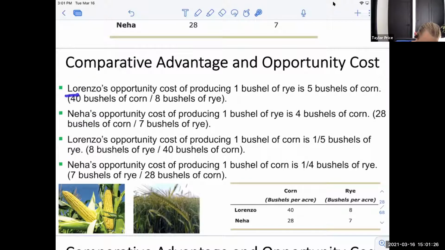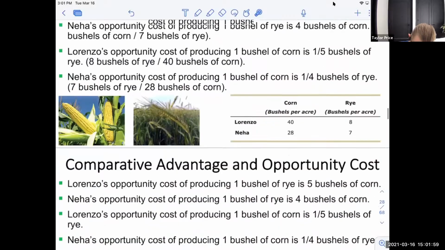Lorenzo's opportunity cost of producing 1 bushel of rye is 5 bushels of corn, so you're just taking corn over rye, like we talked about before. And for corn, you'd say Lorenzo's opportunity cost of producing 1 bushel of corn is 1/5 bushel of rye. So you just take 8 bushels of rye over the 40 bushels of corn.